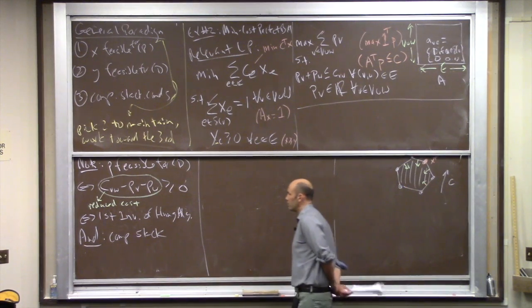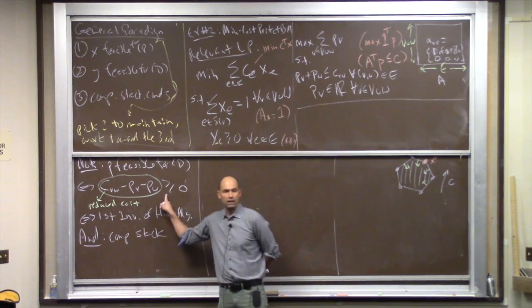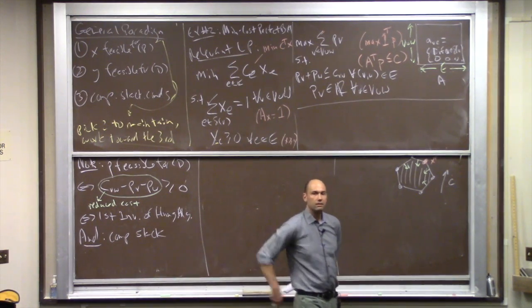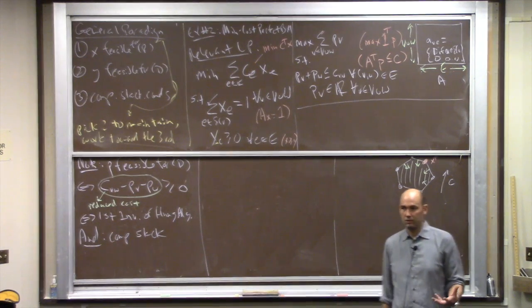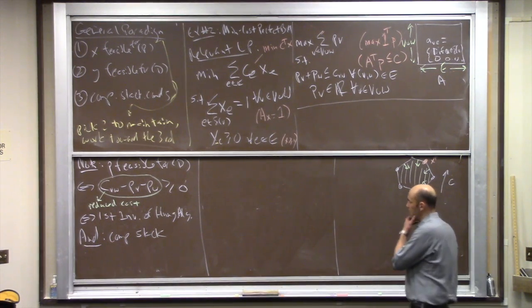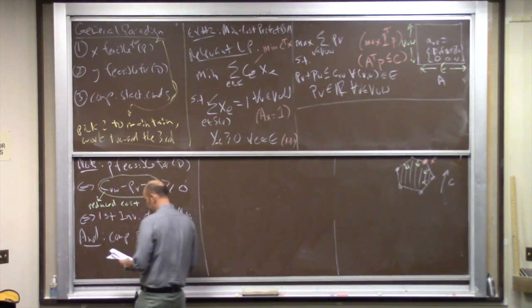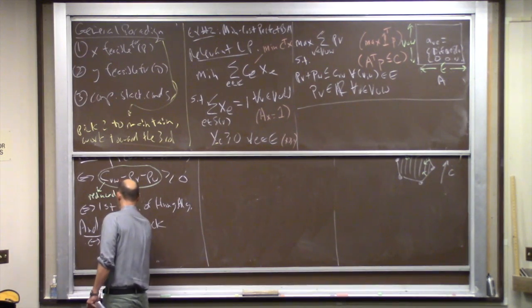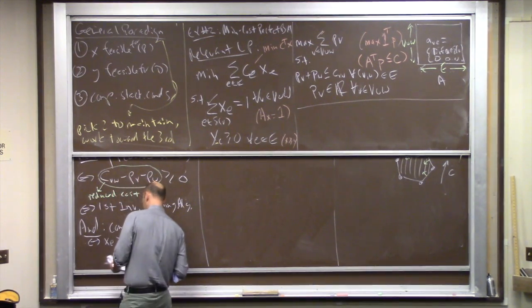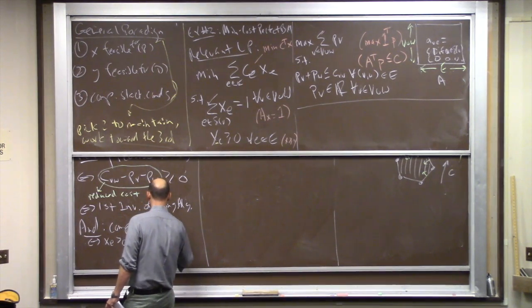What does it mean for a dual constraint to be tight? It means it holds with equality, which means that the reduced cost is zero, which is what we were calling tight edges. And now maybe it's more clear why we were calling them tight edges. So complementary slackness translates to: whenever you have a non-zero primal variable, it should be the case that your reduced cost is zero.